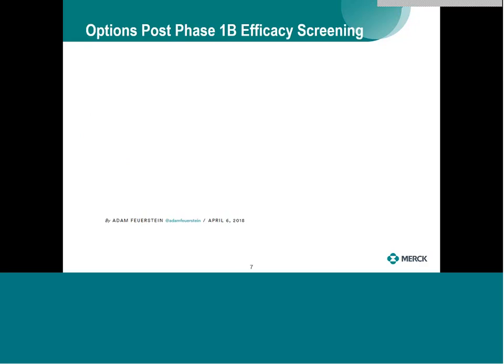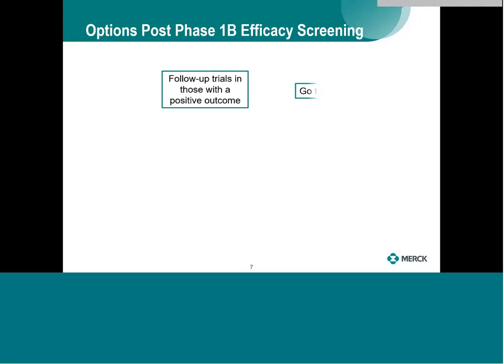So if we step back and think through the process, what are the real options we have post the phase 1b efficacy expansion in the phase 1 trial after a dose is found? Usually, if the drug is indeed so outstanding, especially when the test drug as a monotherapy is known to be active, which gives you confidence that the combination data you see from this kind of phase 1 study may present an improvement over the standard of care, an option is to go to phase 3.